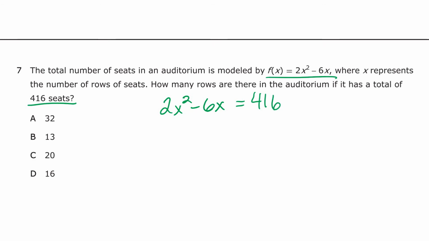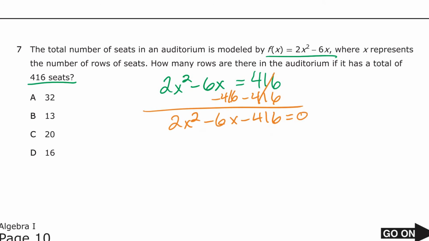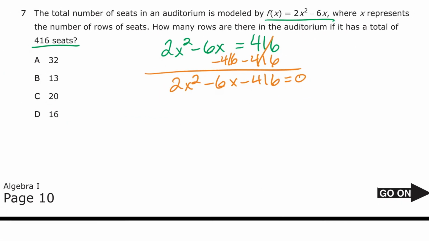In order to do that, we would move 416 over. Minus 416 minus 416. 2x squared minus 6x minus 416 is equal to 0. Now, you can solve it by hand or you can use the calculator. Let's solve this one by hand first.